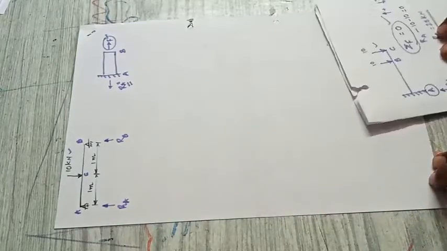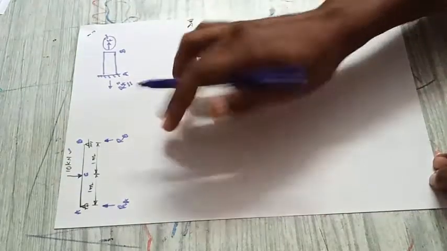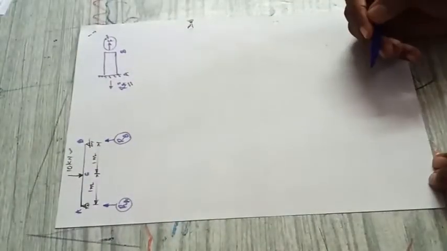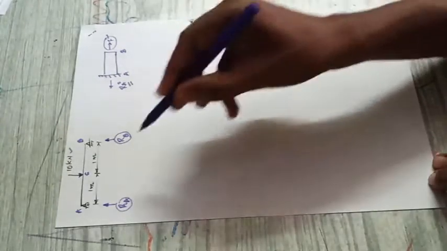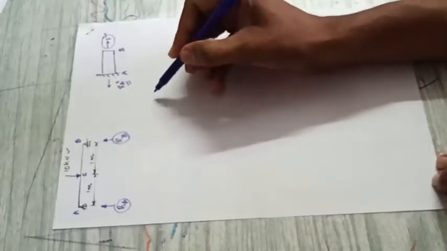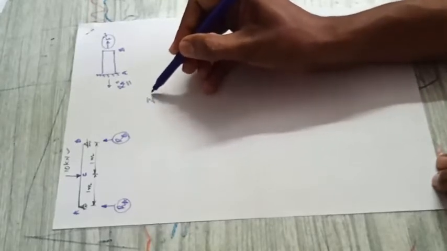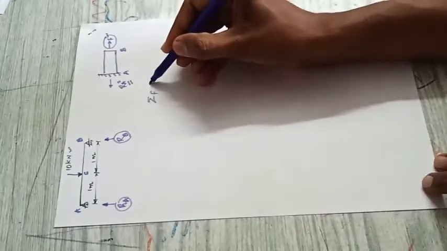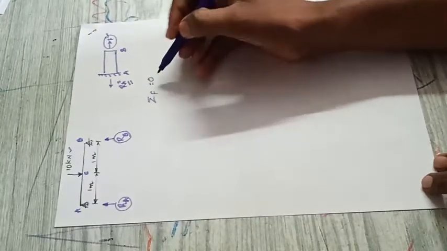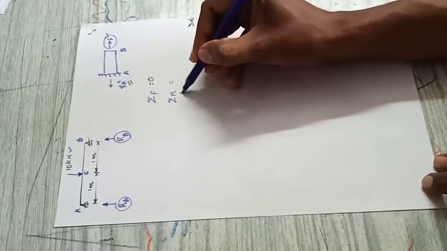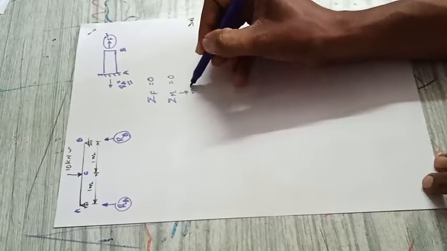But when it comes to the simply supported beam, we have two unknowns, RA and RB. To find the reactions at A as well as B, we use two equilibrium conditions. The first is that the summation of force is equal to 0. The second is that the summation of moment is equal to 0.